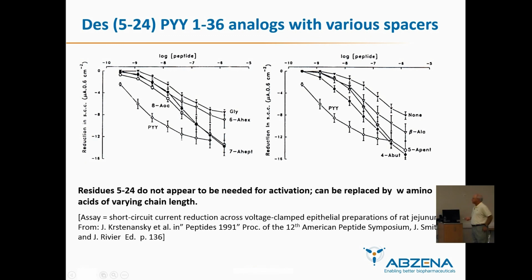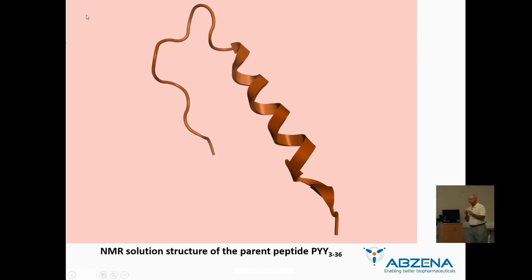There was a kind of obscure publication out there that showed that you can remove residues 5 through 24 and with just kind of a linear spacer and still get decent activity. So our goal was to try to replace those residues in kind of a more sort of organic scaffold type way.